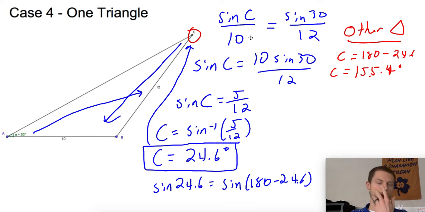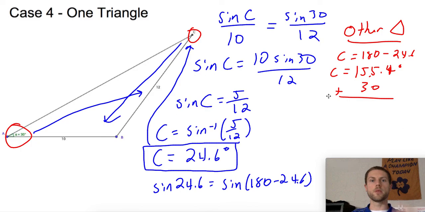But there's got to be a problem with that. There's a reason why I wasn't able to make an obtuse angle out of the sine of this angle C. Let's think about that. I have an angle of 30 degrees, and the math is saying that I could also have an angle of 155 degrees. But remember, if I were to add just these two angles together, forget this angle, it should be less than 180.